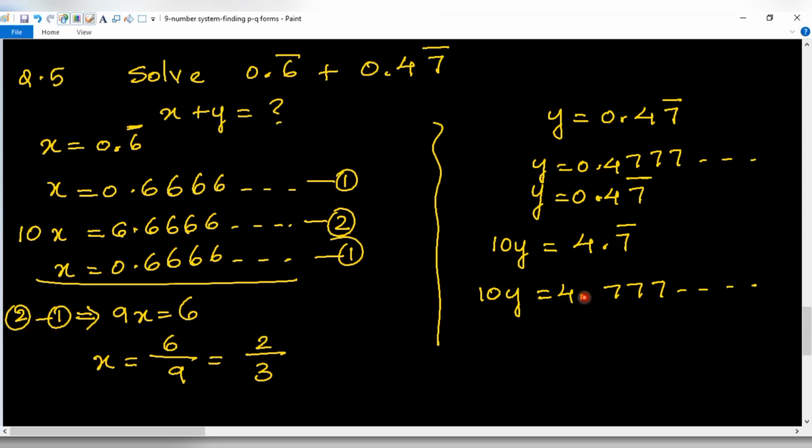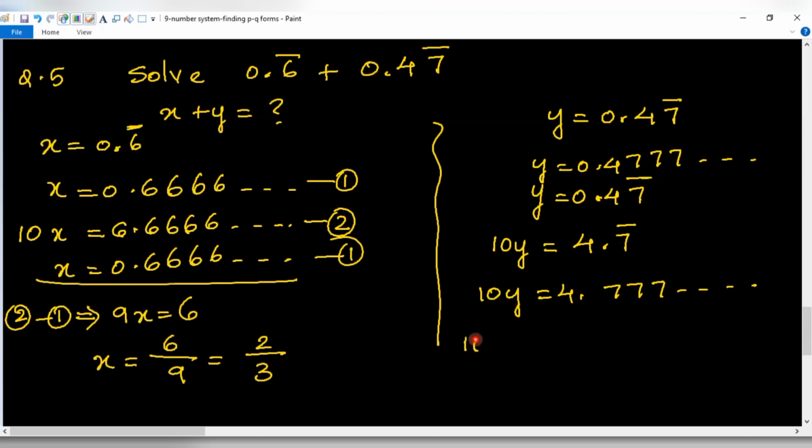So here it is 4.777, but here it is 0.4777. So what we have to do? Again, we have to multiply by 10. We have to move this decimal one more place, and that is one more 0 we have to give here, so this will become 100.